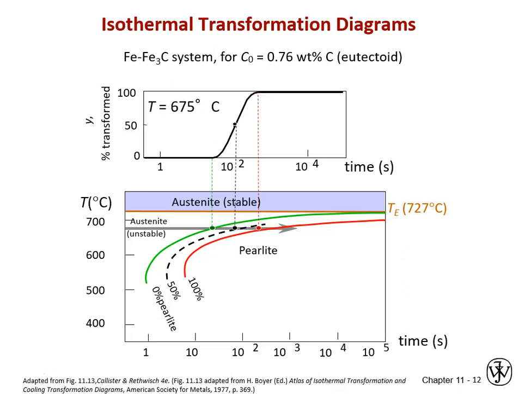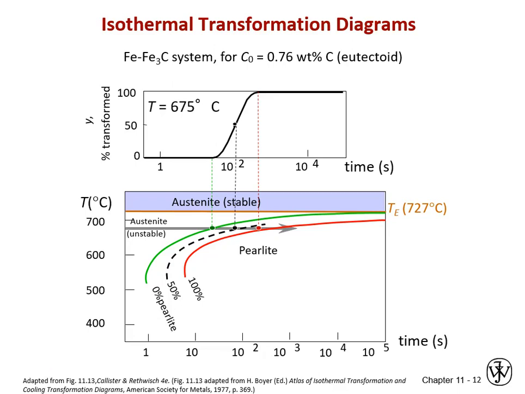And in fact, nothing really happens until we get to about 20 seconds, where our big, thick gray arrow hits the green curve, which represents 0% pearlite. And that's reflected with the dotted line up to the upper diagram with the percent transformed on the y-axis. So that's the point where it is going to finally start transforming.